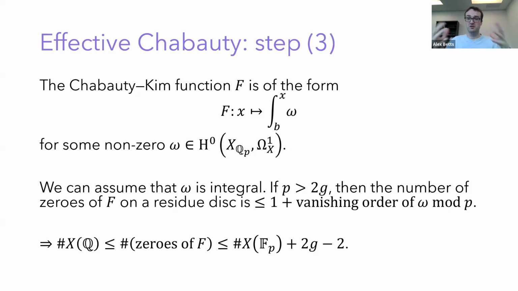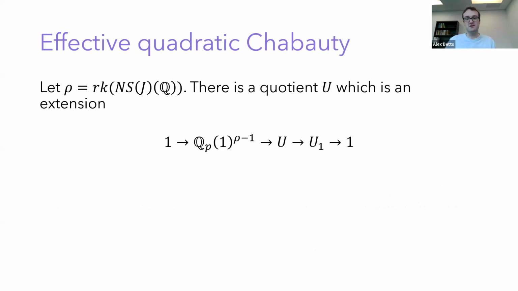And this result of Jenner and Netan's, as I mentioned for quadratic Chabauty, you can also view through a similar perspective. So let's briefly talk about that. If you want to make your quadratic Chabauty effective, then we're going to use a slightly different quotient of the fundamental group.